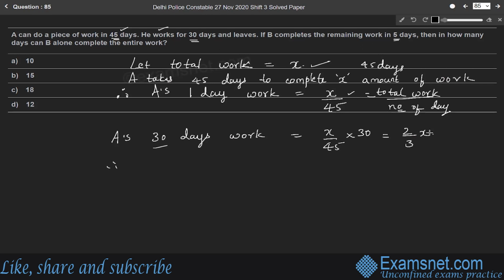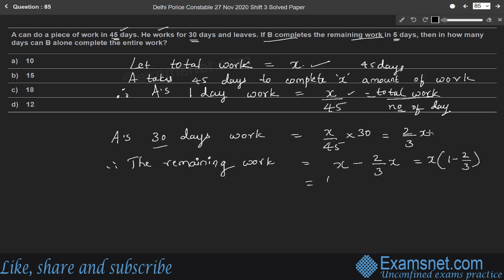So, the remaining work is, in the next part of the question, if B completes the remaining work in 5 days, so the total work X minus 2 by 3X, which is X into 1 minus 2 by 3, which is 1 by 3X. So the remaining work is 1 by 3X.